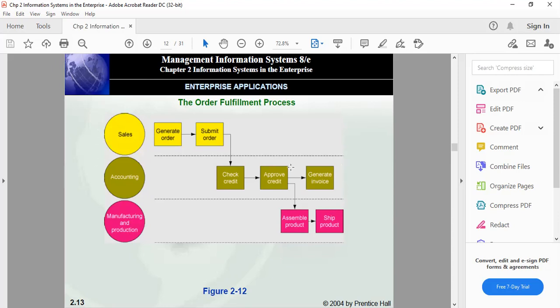Then the second one would be check credit and approve credit. So we have here the credit approval. Then this one would be assembly and shipment of product, and another process for accounting for the invoice generation process. So we have like four separate business processes under the overall order fulfillment process.